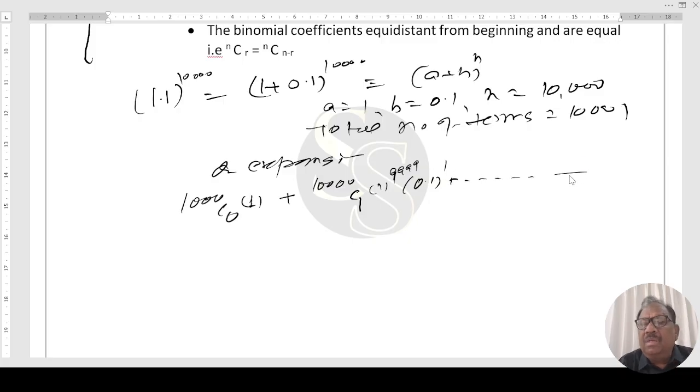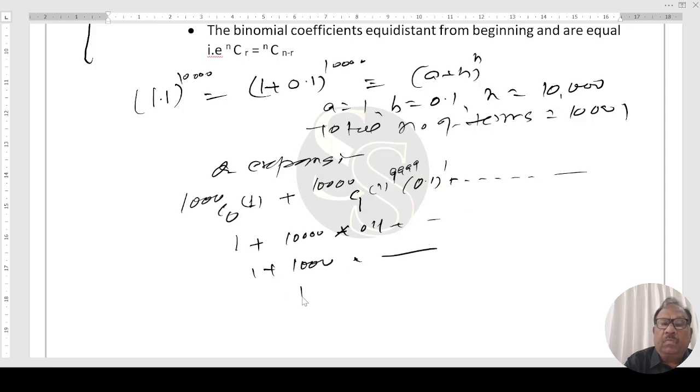बाकी की लिखने की नेसेसिटी नहीं पड़ेगी. रीजन, इसकी वैल्यू 1 प्लस इसकी वैल्यू 10,000 इंटू 0.1 प्लस दिस, 1 प्लस 1,000 प्लस दिस. तो 1,000 1 plus something.